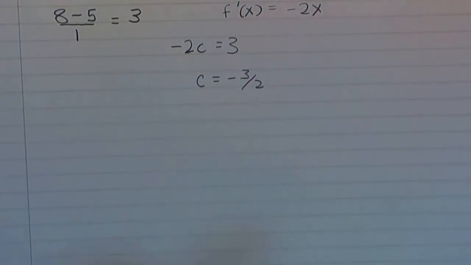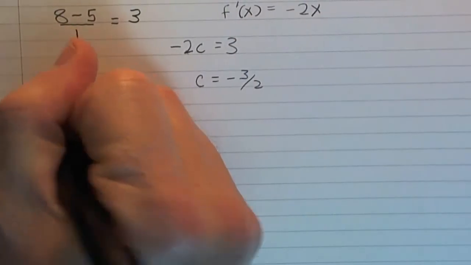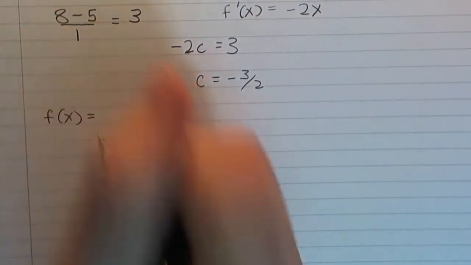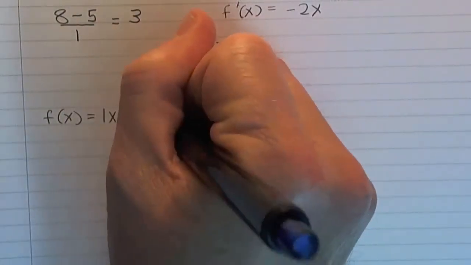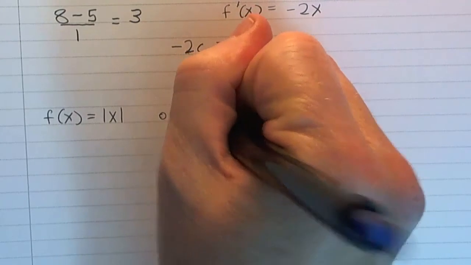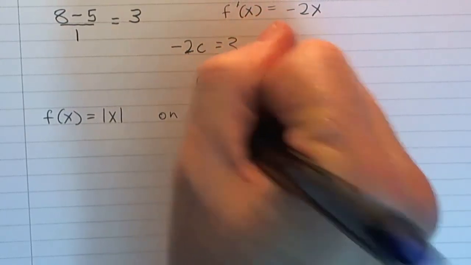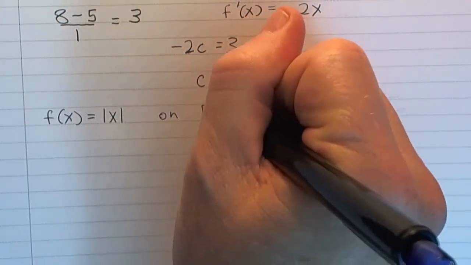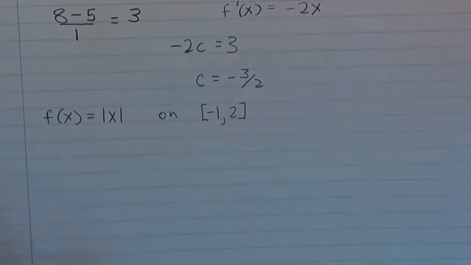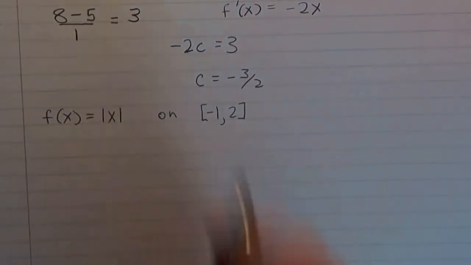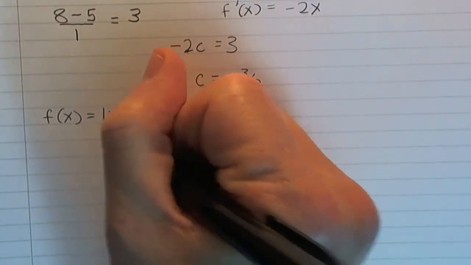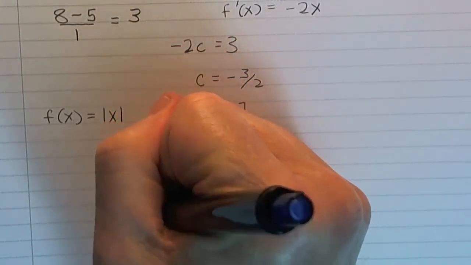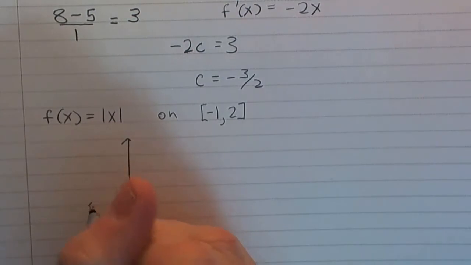Now, let's look at another one here. Let's suppose that we've got f of x equals, let's say, the absolute value of x on some interval. Let's suppose the interval is -1 to 2, something like that. Now, this is an absolute value function. And the absolute value function, remember what this looks like.